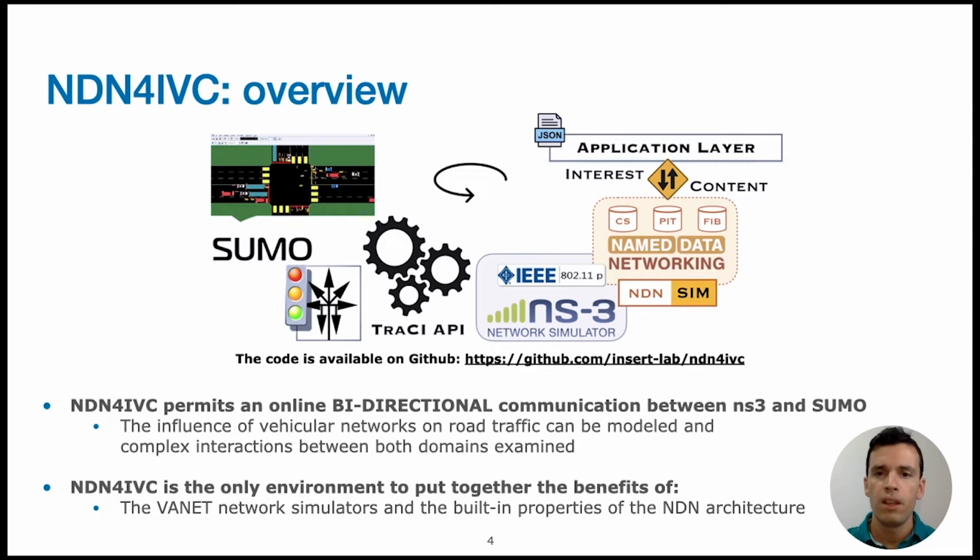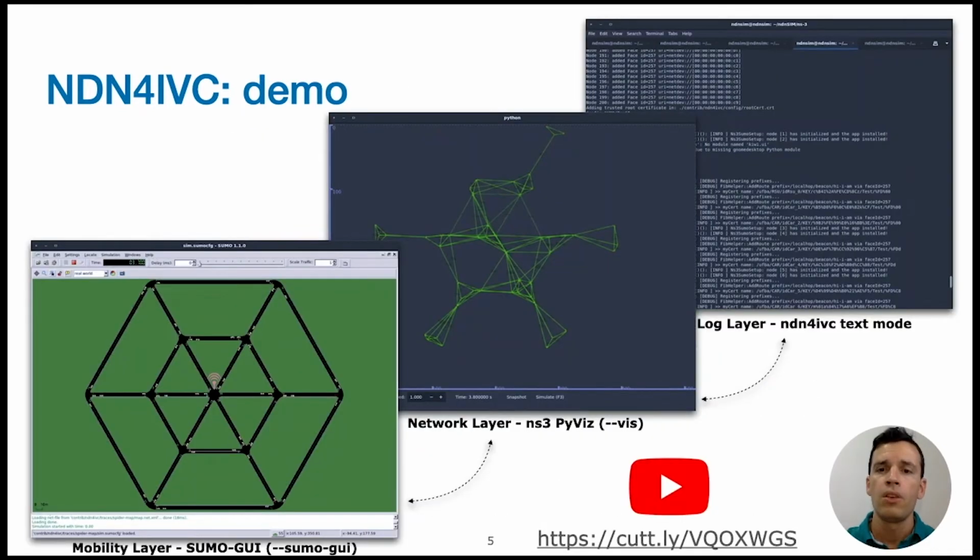This way, the influence of vehicular networks on road traffic can be modeled and complex interactions between both domains examined. NDN4AVC is the only environment to put together the benefits of the VANET network simulators and the built-in properties of the NDN architecture. You can also see the framework repository on YouTube, a demonstration of a use case based on vehicular traffic guidance in VANET.